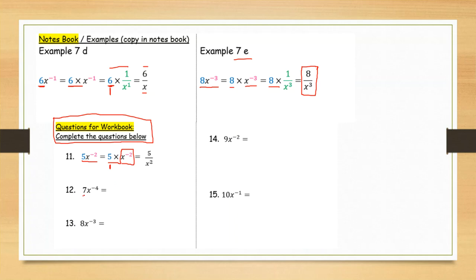Hopefully you're recognizing 7 goes on the top, x to the 4 goes on the bottom. Question 13, 8 over x cubed. Question 14, 9 over x squared. And 15, 10 over x. Remember, when there's a 1 there, we don't need to include it.